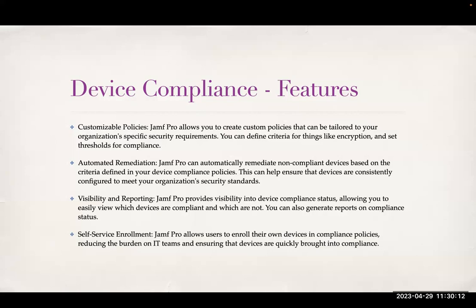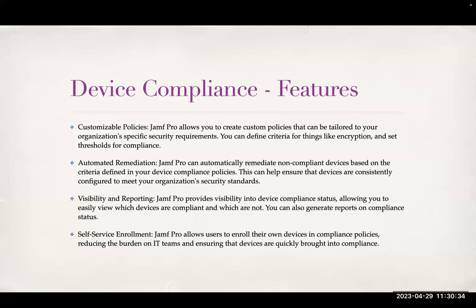Second, there is automated remediation. As it is a smart group criteria, as you know which devices are compliant, you can also know which devices are not compliant. And with Jamf Pro automations, you can build a script, you can build a solution which can automatically remediate it.